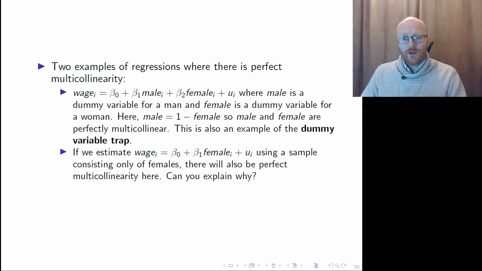Two other examples where we have perfect multicollinearity: here we have a regression model giving you the wage, based on an intercept plus beta 1 times male, plus beta 2 times female, where male is a dummy variable for a man, and female is a dummy variable for a woman.